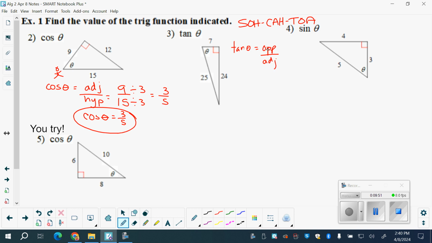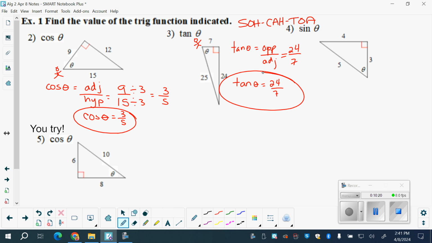And then Hayden, what would be the opposite side from this theta? 24? And then what would be the adjacent? Good. So tan theta is 24/7. Sorry, I think you said that the first time. I just didn't hear it.